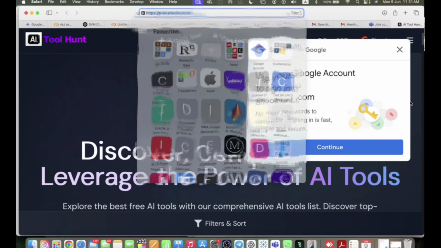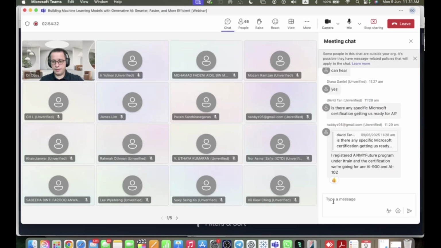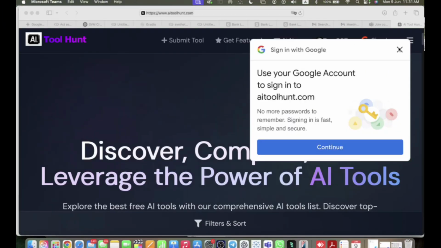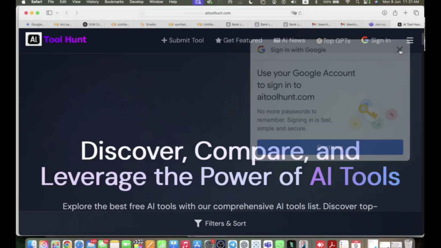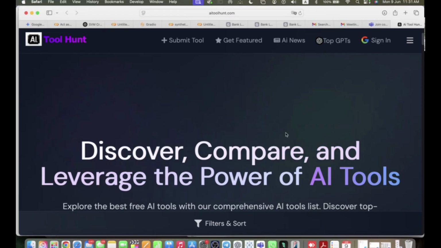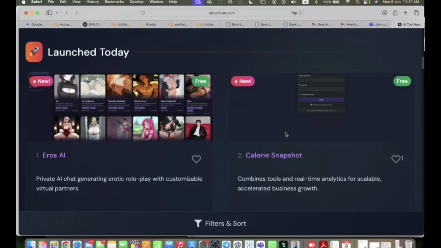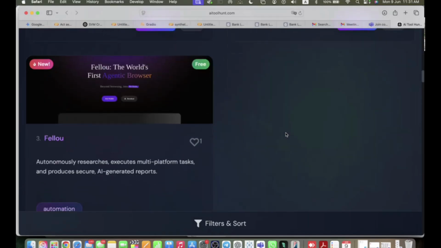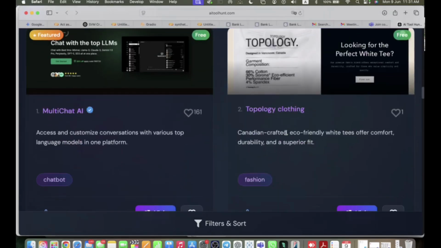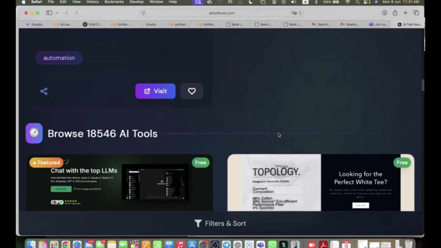You can look at the same time with me. Just scroll down a bit, and you can see all of those generative AI tools currently available in the market.